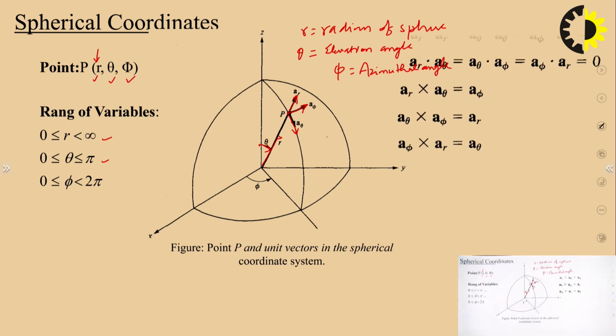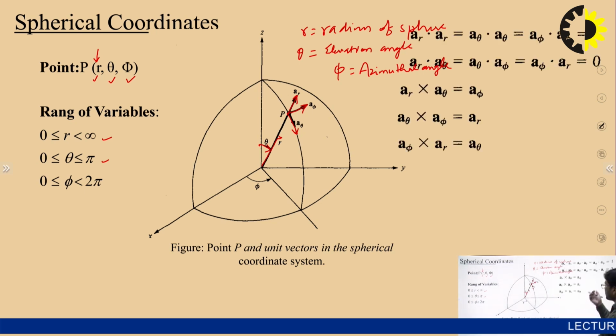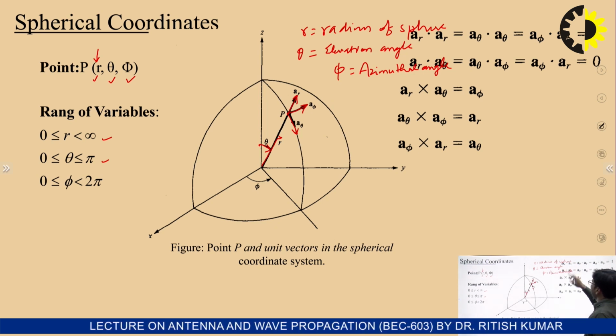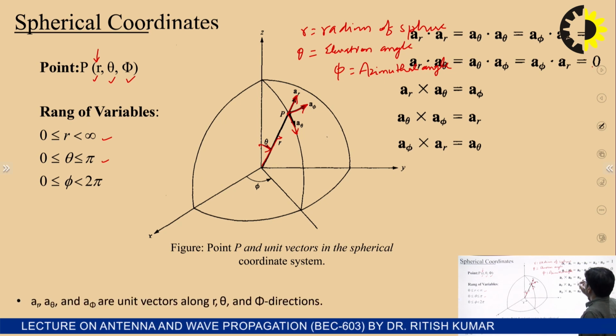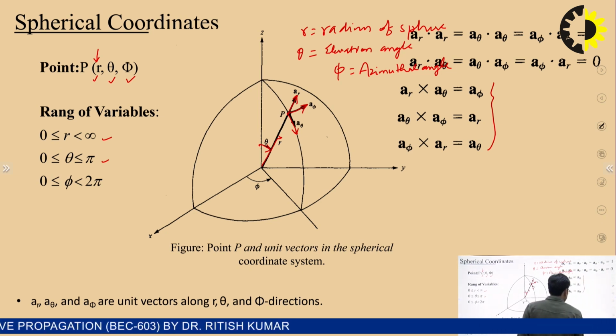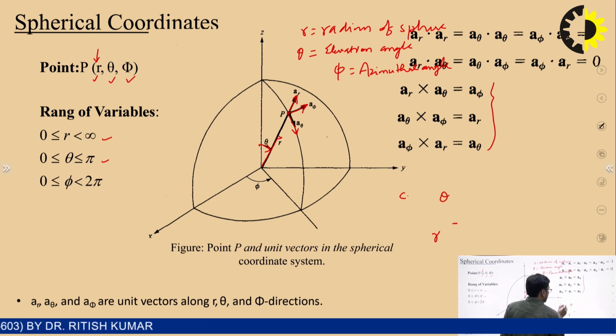Similarly, we can see here that the dot product of the same unit vector has a value equal to 1, and different unit vectors have a value equal to 0. And for the cross product, similarly as in the previous cylindrical coordinate system, you can take r, theta and phi.